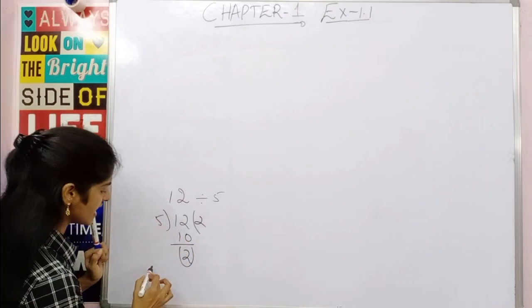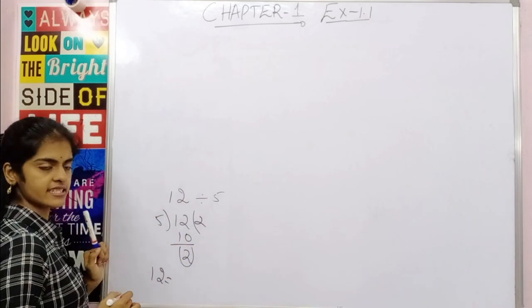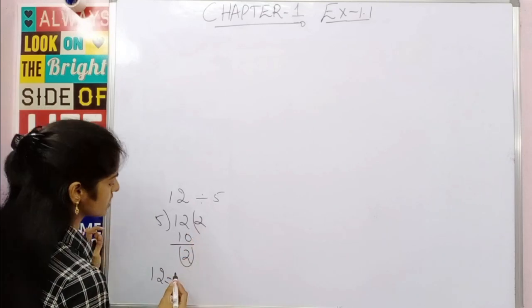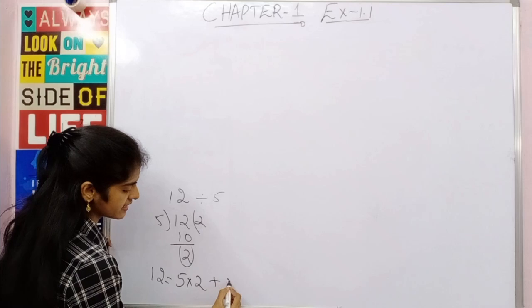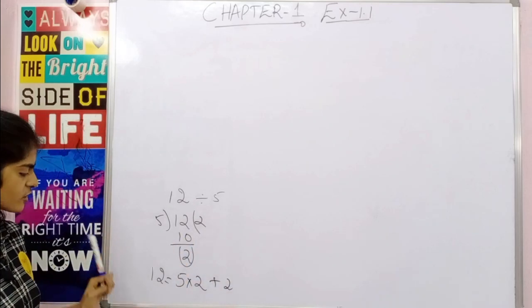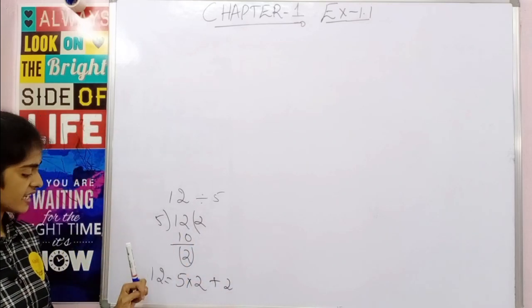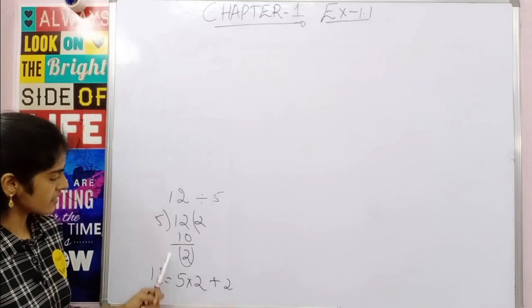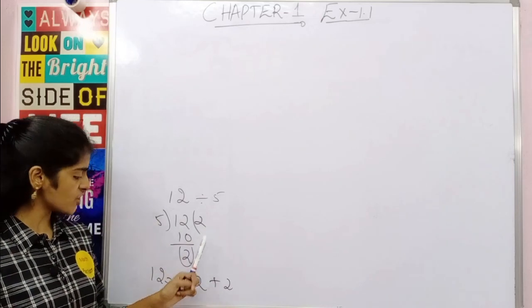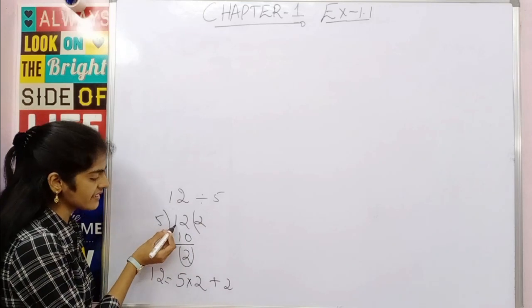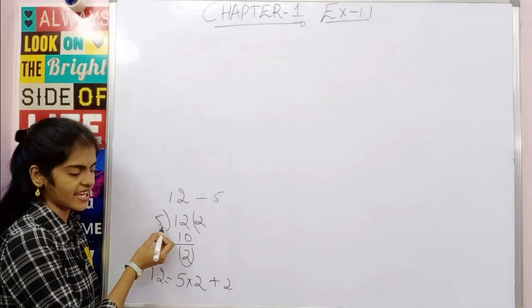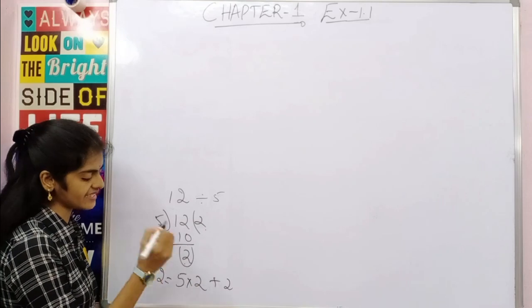Now this 12 I can also write as 5 into 2 plus the remainder. So the number 12, I have expressed it as the divisor into quotient plus the remainder. You already know that this is the dividend, this is the divisor, this is the quotient, and this is the remainder.